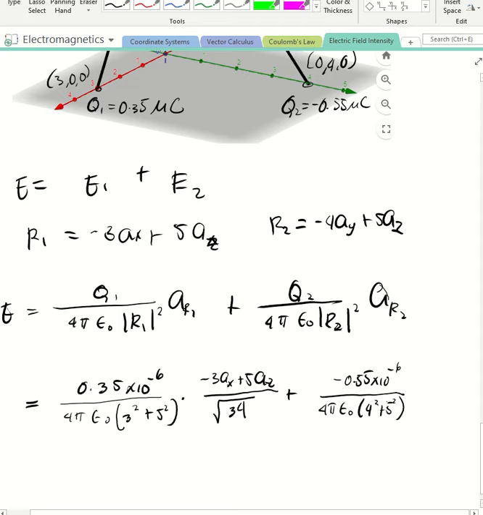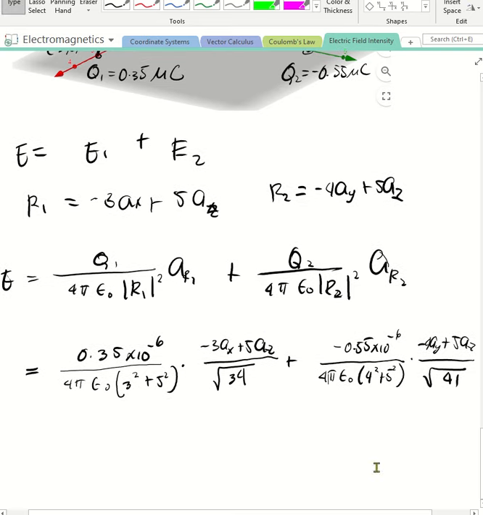Then you multiply the unit vector AR2, negative 4ay plus 5az, divided by the magnitude, square root of 41. 16 plus 25. Okay, then simplify this.